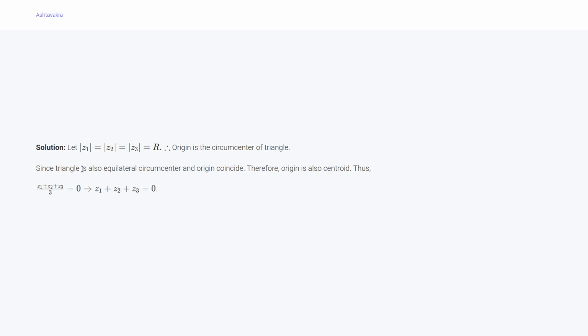Now since the triangle is equilateral, the circumcenter and centroid coincide. Therefore origin is also the centroid. Thus we can write that centroid z1 plus z2 plus z3 by 3 is equal to 0, and that's why z1 plus z2 plus z3 is equal to 0.